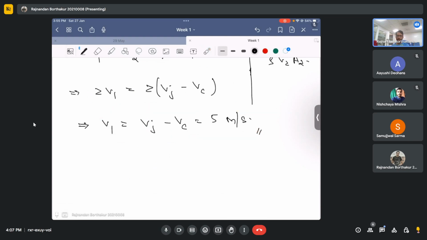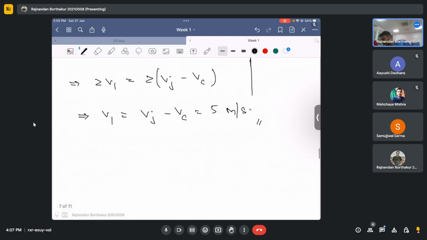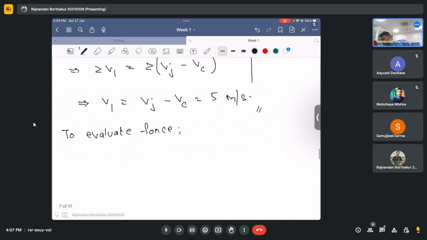So we are not done yet, by the way. We need to also evaluate the force that the water jet exerts on the moving card. In order to evaluate the force, we now need to apply RTT.